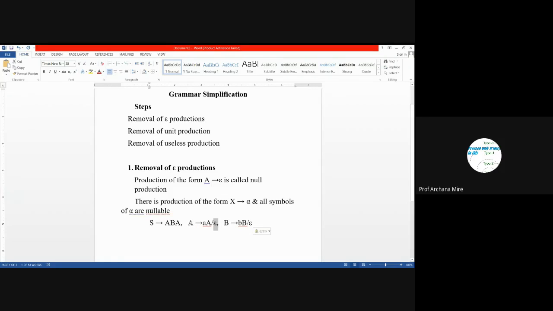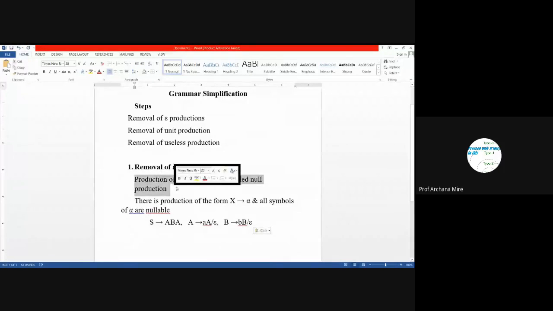Hence this non-terminal A is nullable. Then there exists B leading to epsilon. Hence this non-terminal B is nullable. So these two variables A and B are directly nullable by using this first rule.